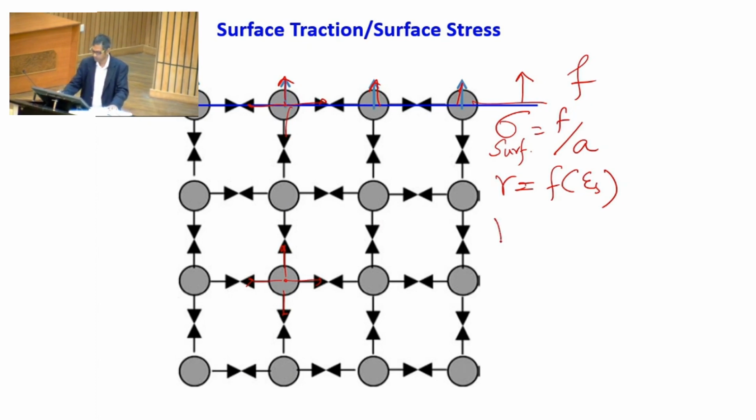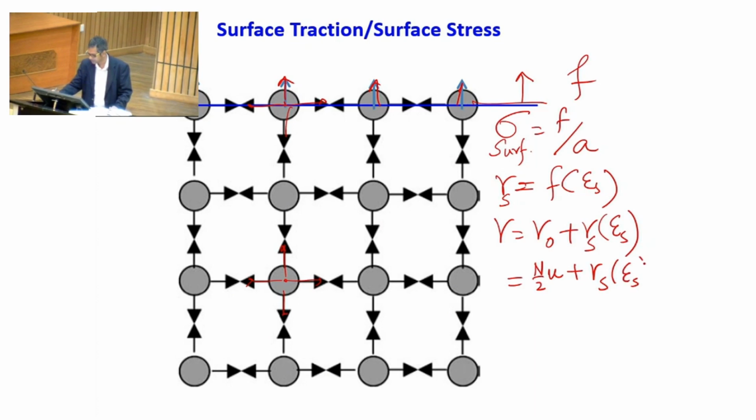So, as you know, gamma can now be written as gamma 0 plus gamma s, which will depend on epsilon s, right? You got it? That is very clear. And this gamma 0 is what I wrote as n by 2 u, and this is gamma s of epsilon s. So, that is your total gamma.